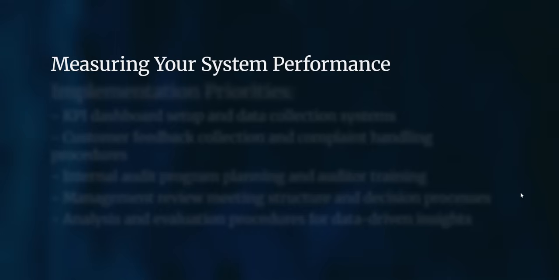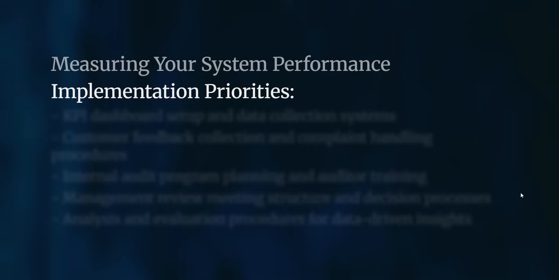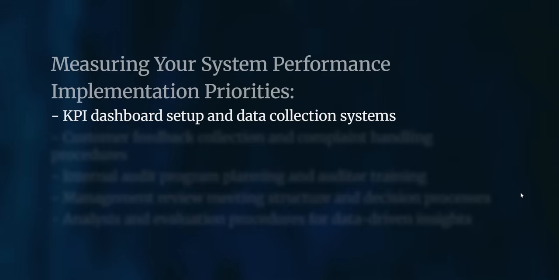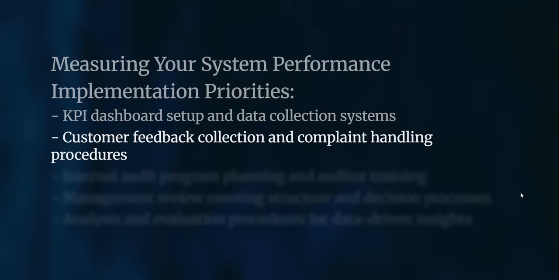Measuring your system performance. Let's see the elements that you should do to measure your system performance. Here are the five implementation priorities. First, KPI dashboard setup and data collection system, as explained. Secondly, customer feedback collection and complaints handling procedures.